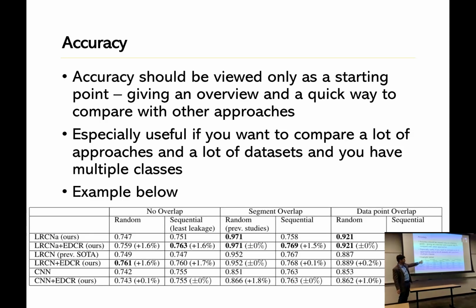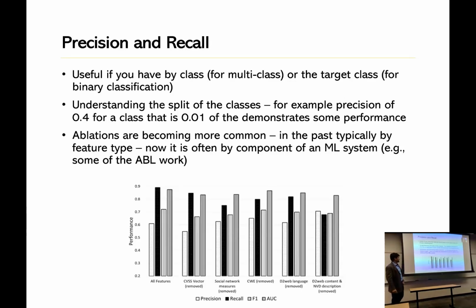This is the point here, looking at this example from a recent paper. So looking at precision and recall, these are tried and true. Every undergrad learns about them. One useful thing is that precision and recall are really the standard for looking at individual classes.